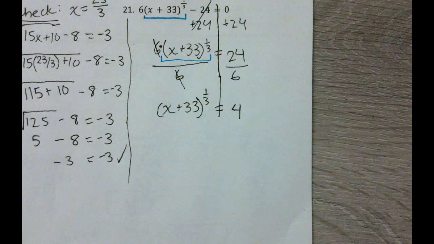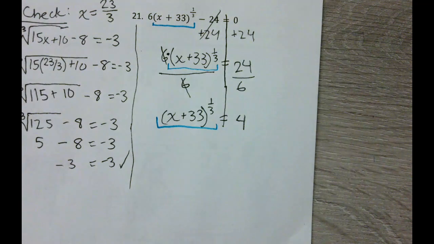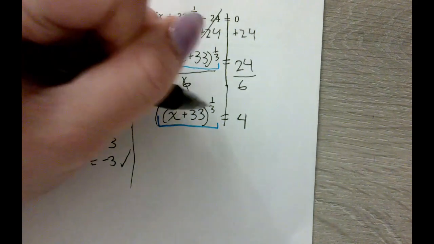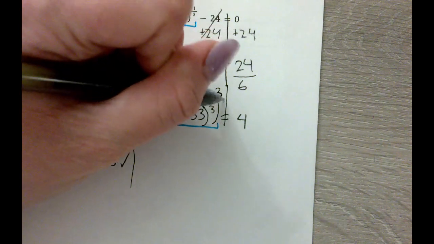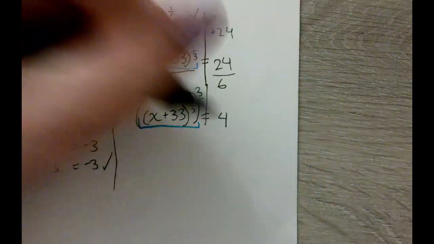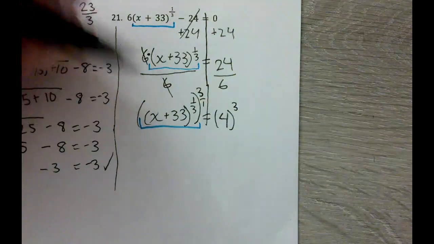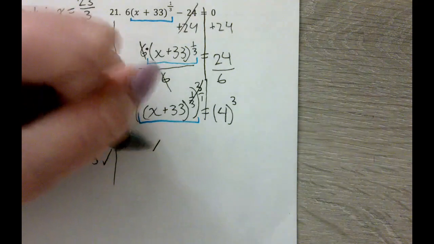All right. This is finally by itself, so now I can get rid of that exponent. It's 1/3, so to get rid of it, I'm going to flip it, and it's going to be 3 over 1, or just 3. On this side, I'm just going to write 3. These cancel each other out, so the left side is just x plus 33.